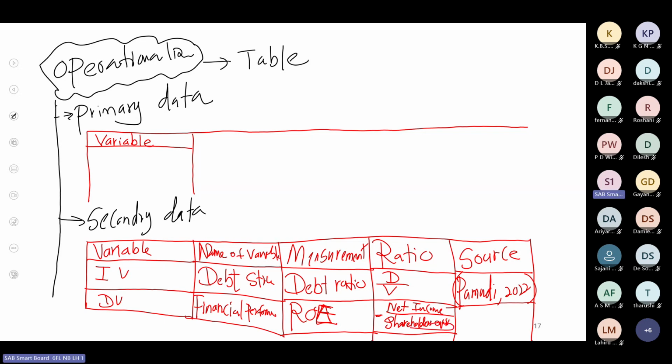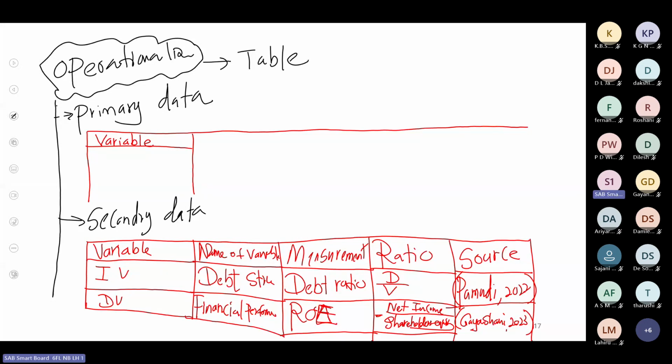The same formula has been used by Gayashani in 2023. In testing the financial performance, she used ROE, right?